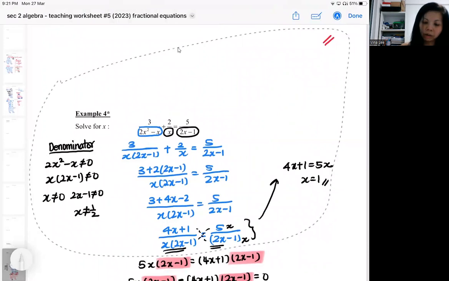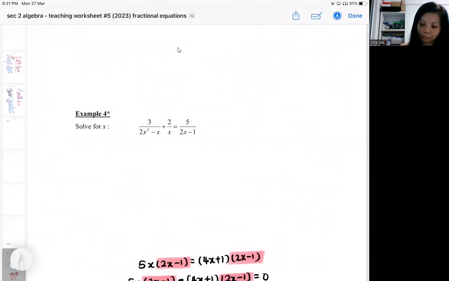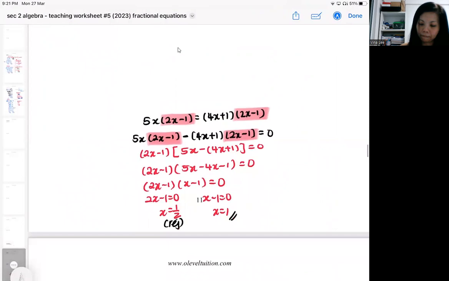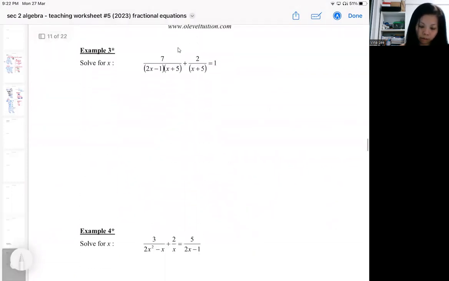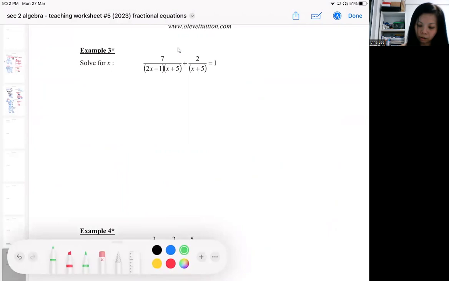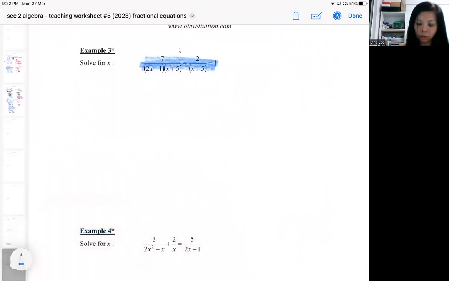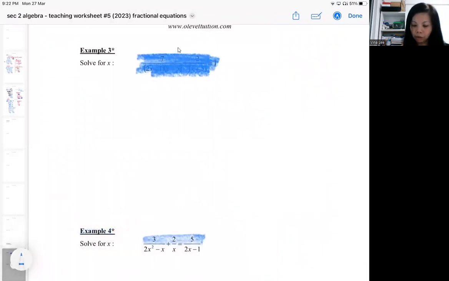So make sure you've gotten everything. Okay, so let me write in the space here. So please ignore whatever question here, I'm just using the space here.